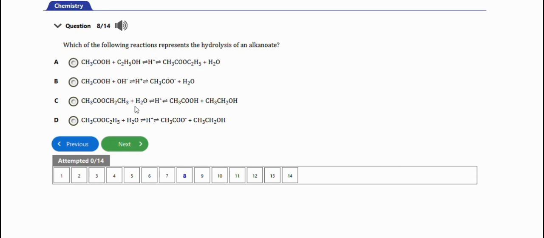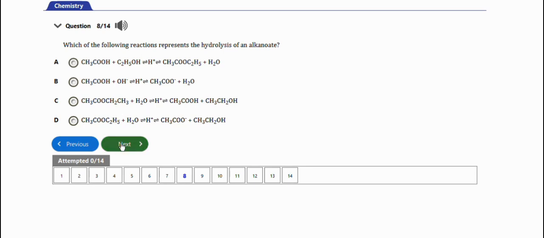So it's obvious it will be this one that has water involved, option D. This water reacts with our ethyl ethanoate. So that's the right answer, option D. It's not option C guys, the correct one is option D.